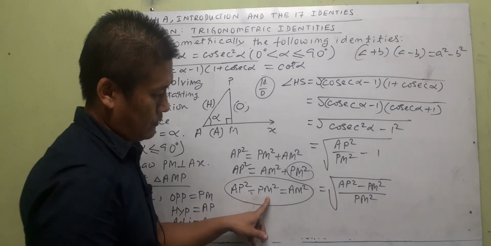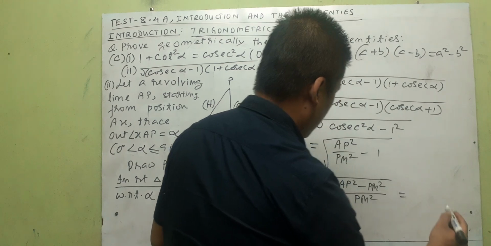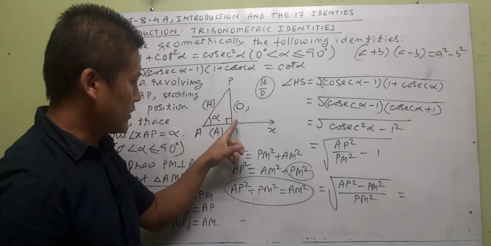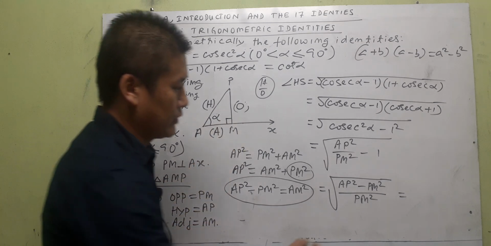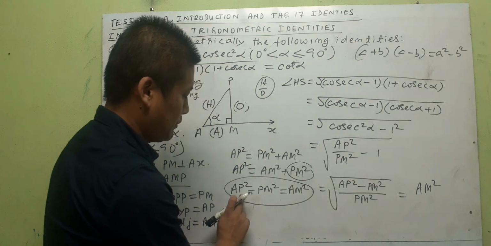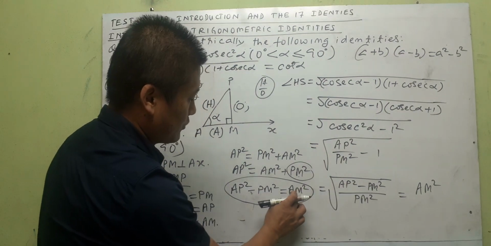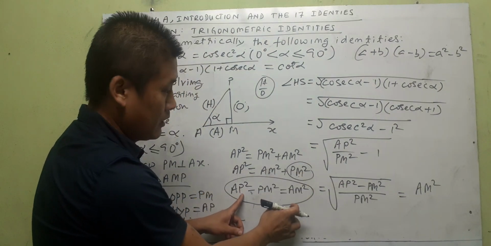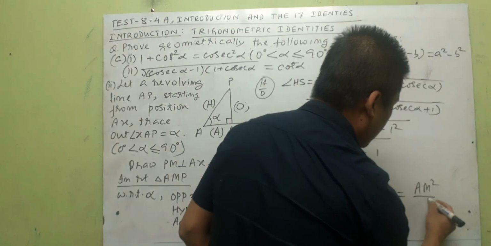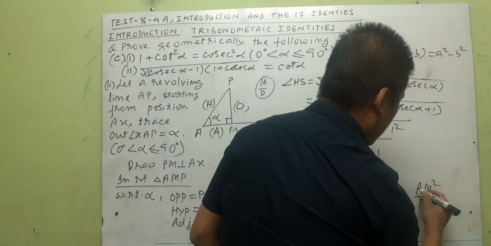According to the Pythagoras theorem, AP squared minus PM squared equals AM squared, so we can replace it by AM squared. This is the main Pythagoras equation, so that is correct, divided by PM squared.